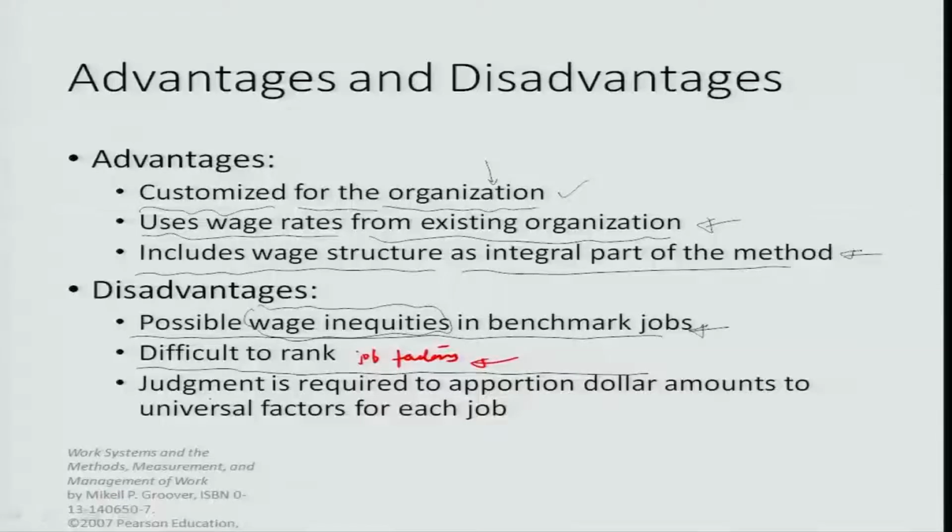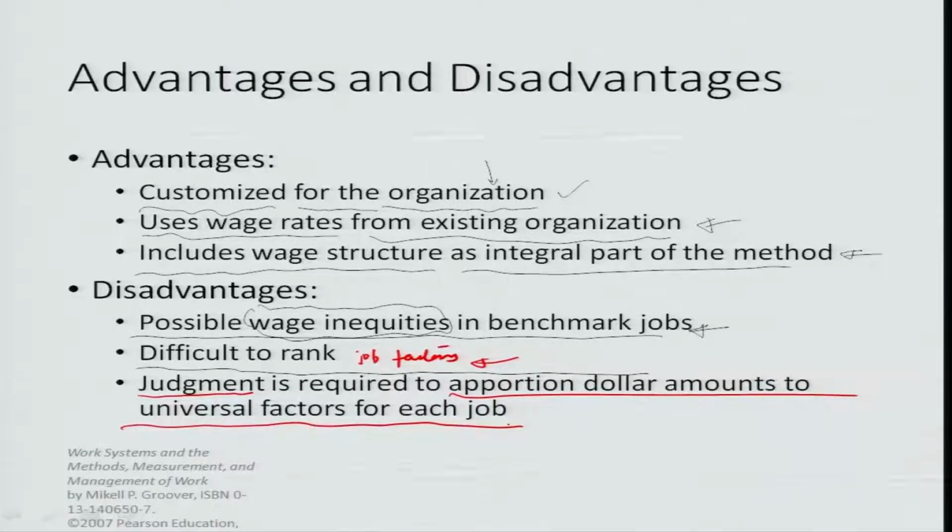Also, the other disadvantage is the judgment sometimes needed to apportion the dollar amounts to the various universal factors, which you call job factors, for each job. Obviously the first step in doing this comparison is to provide a ranking, and the second step is to provide a dollar amount.